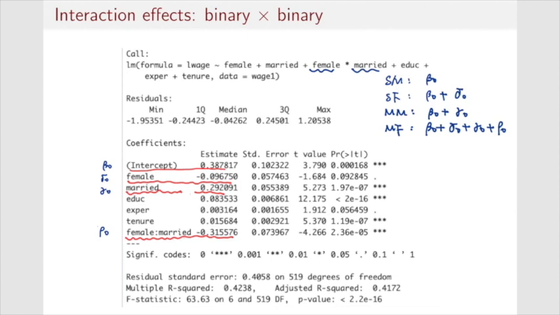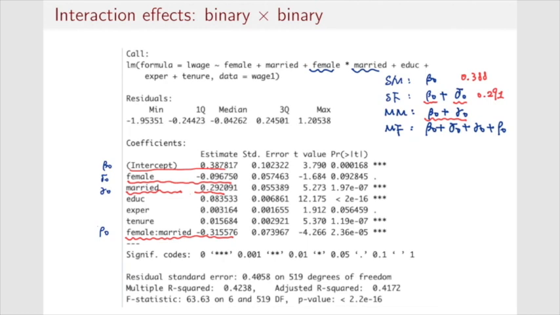The base group here is the single male, and the intercept is beta 0 hat equal to 0.388. The intercept for the single female is beta 0 hat plus delta 0 hat, and it is around 0.291.